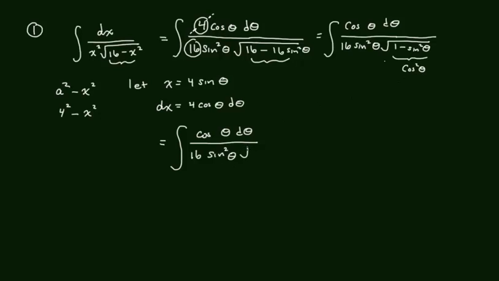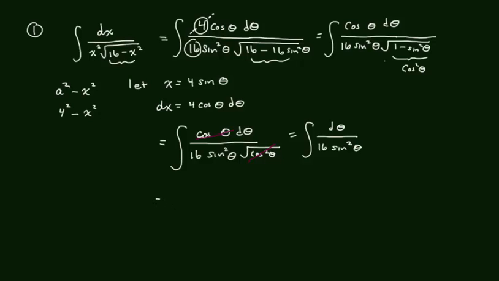So now we have radical cosine squared theta. And then the square root of cosine squared is simply cosine, which will get rid of the cosine in the numerator. So we have d theta in the numerator over 16 sine squared theta, and again this canceled out with this.